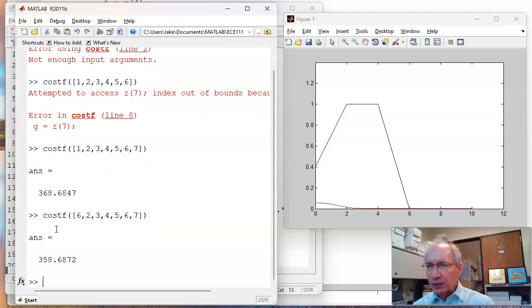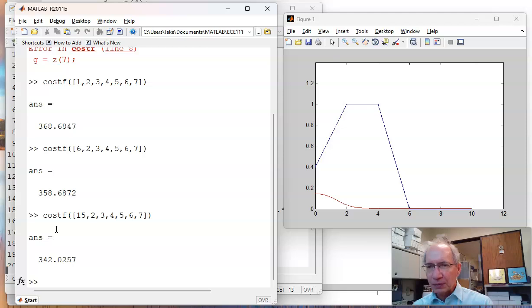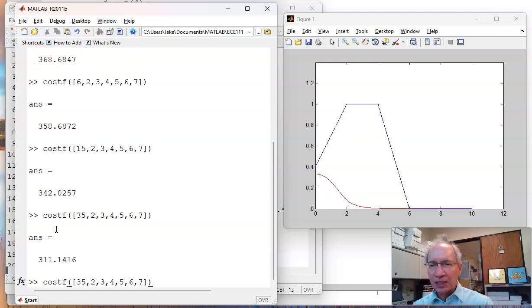Can I make it smaller? So there's 358. Let's try that. A little better. A little better. So it's guess again, or let Matlab guess for you.